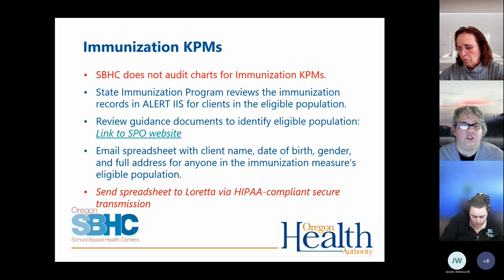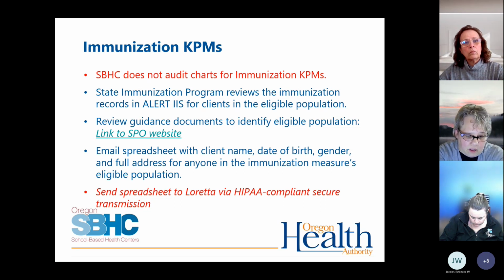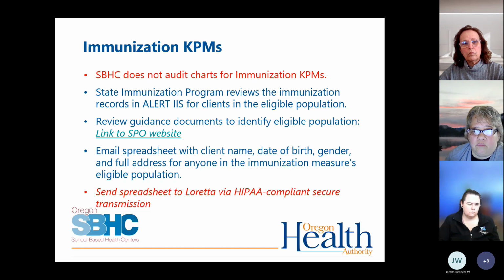Okay, so for sites that choose an optional immunization KPM, you don't audit the charts, you don't look up an alert to see if a client has received whichever shots are associated with your optional measures. So like flu shot, you all are not auditing for that. What you're doing is you're submitting to me a spreadsheet with patient name, date of birth, gender, their full address for all the clients in that eligible population age range.